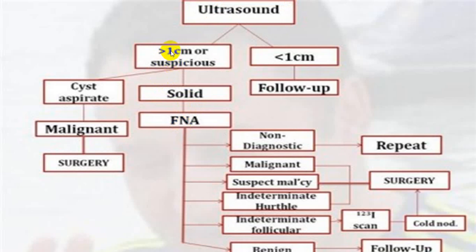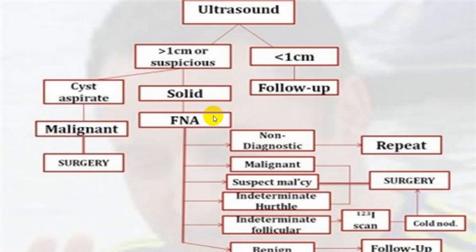A cystic nodule less than 1 centimeter does not require any follow-up. But if there is a suspicion, aspirate the cyst for malignant tissue, and if that is positive, you will have to undergo surgery with other treatment.